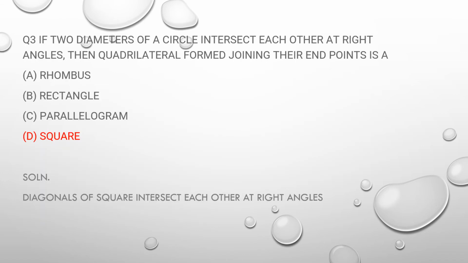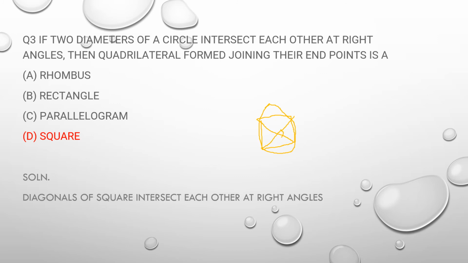Next we have, if two diameters of a circle intersect each other at right angles, suppose this is your quadrilateral formed by joining the end points of the diameters. These are intersecting at right angle.